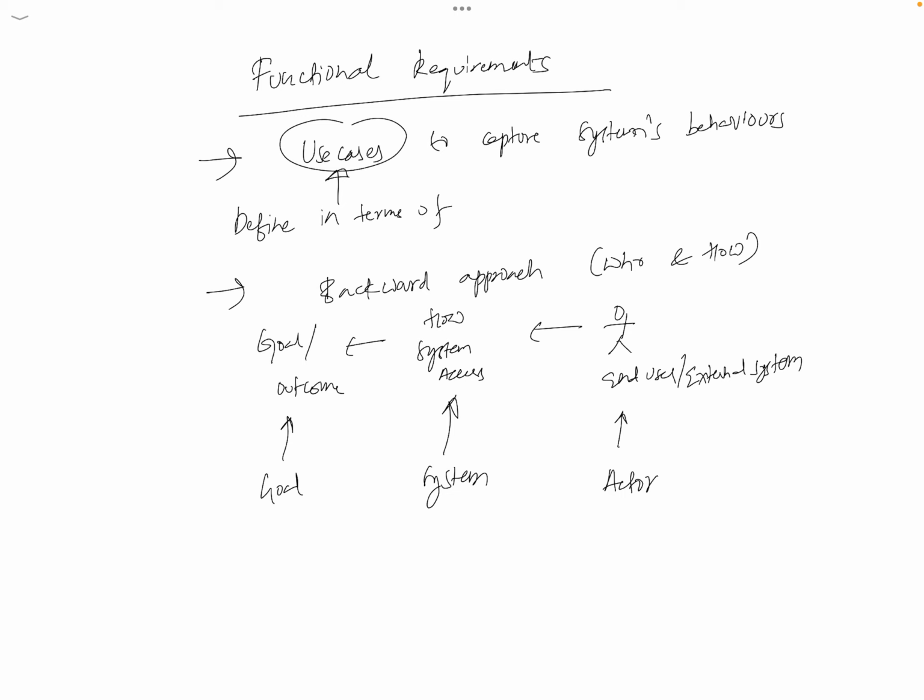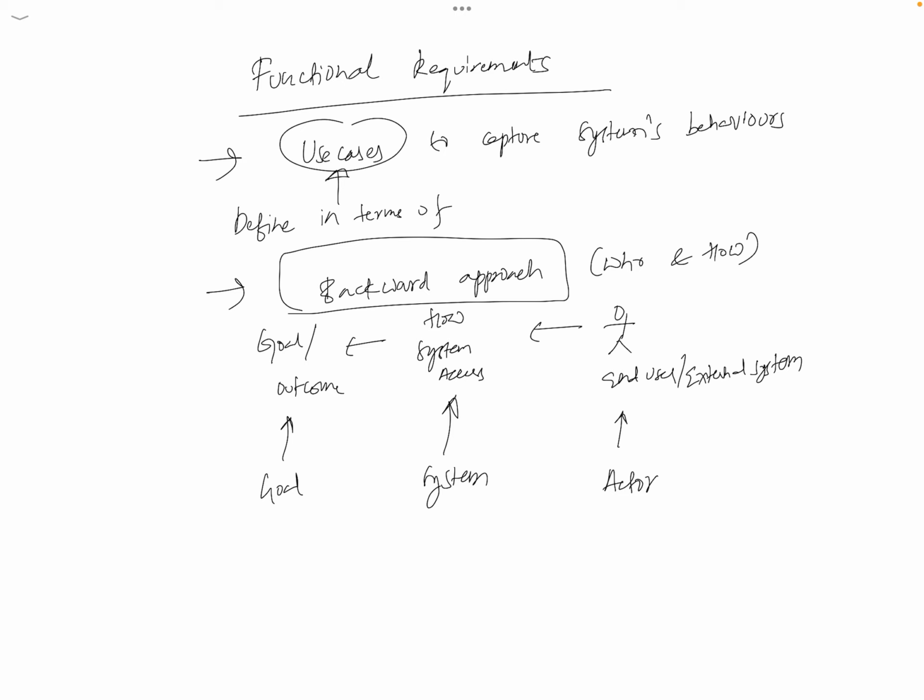Now, just to reiterate and summarize, for functional requirements we need to take a backwards approach, and we need to identify who is the end user or the external system who is going to access our system, and how they are going to access our system.